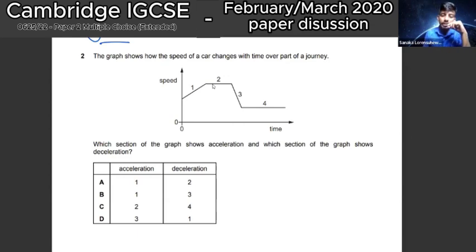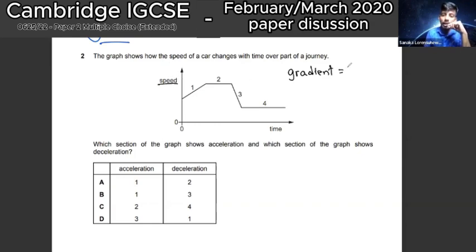How do we find that this is acceleration? By the gradient of this graph. How do we find the gradient? Very easy. Gradient equals the difference of y over the difference of x. The y-axis in the speed-time graph is speed.